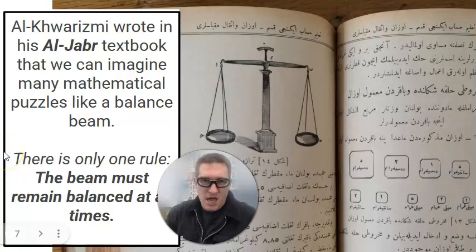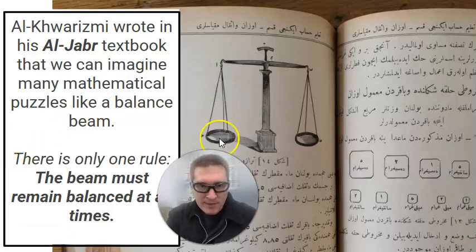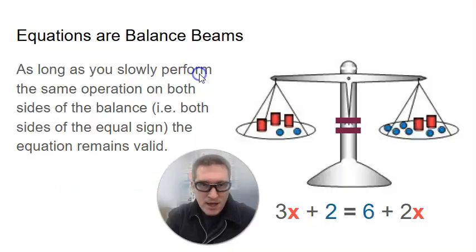So what is the algebra process? The Al-Khwarizmi method says, imagine every equation as a balance beam, where the left side of the balance is the left side of an equation, the balance itself is the equal sign, and the other side is the right side of an equation. And there's one rule. The beam must remain balanced at all times.